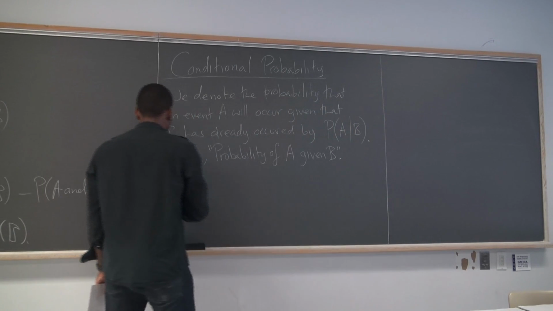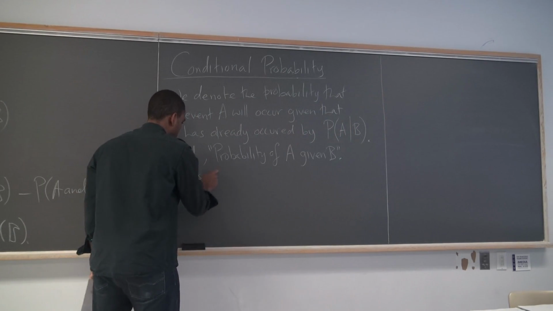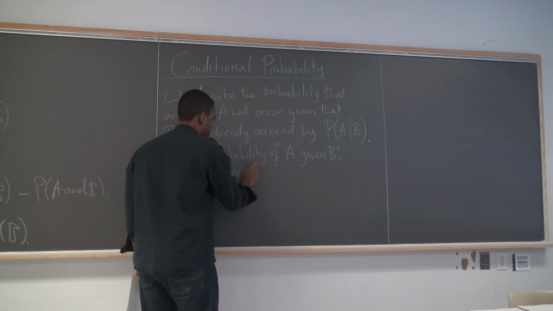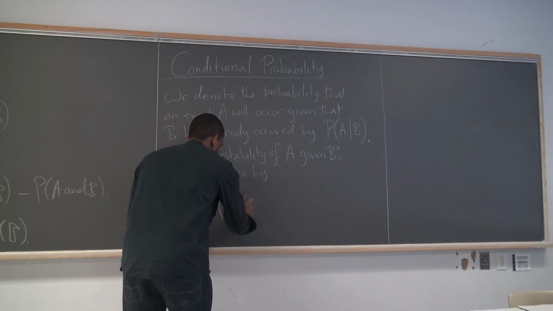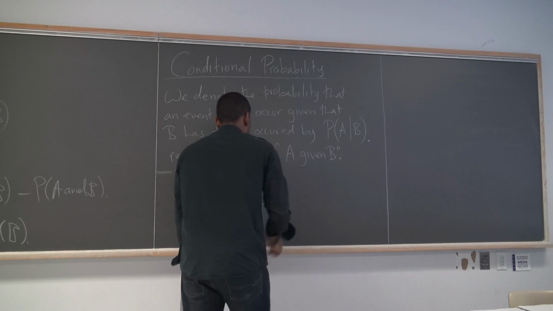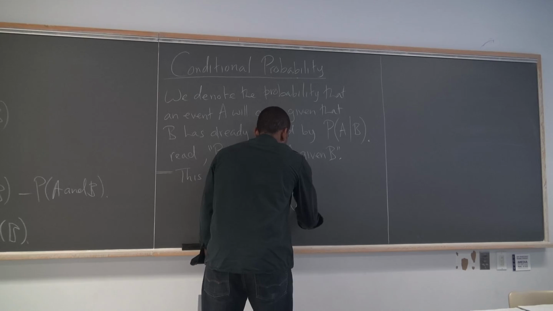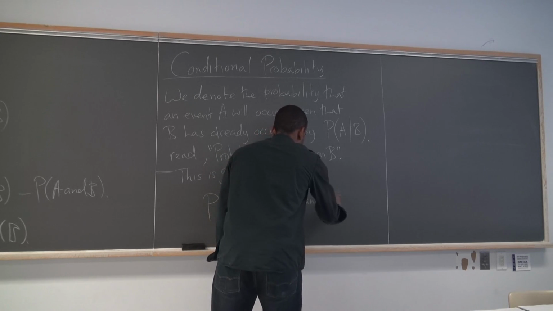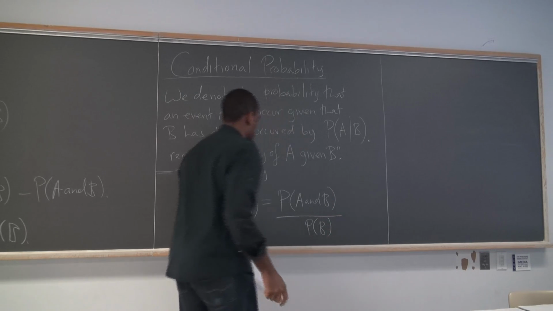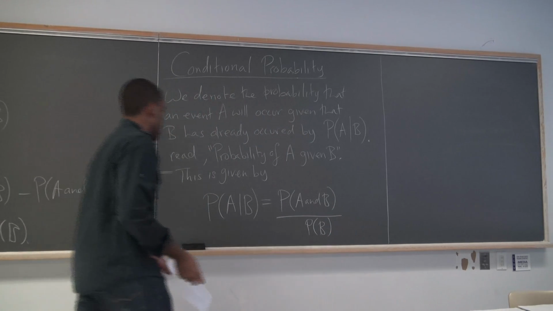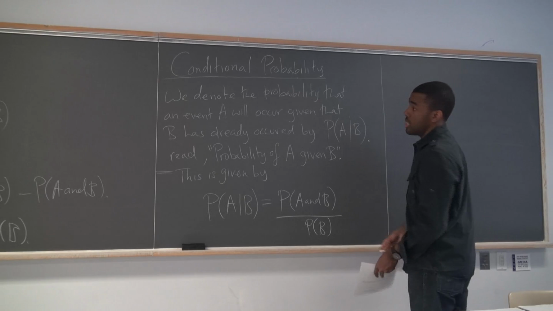That's what it is. This is given by the following formula. Probability of A given B is equal to the probability of A and B over the probability of B. That is the formula. And of course, I can extend this.